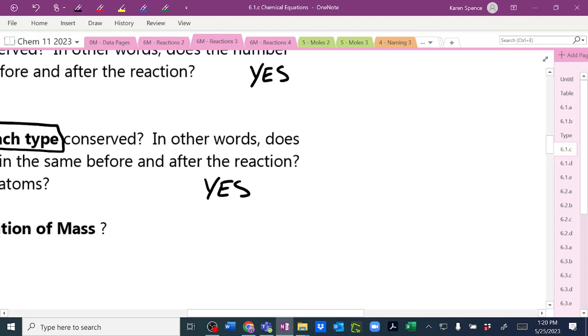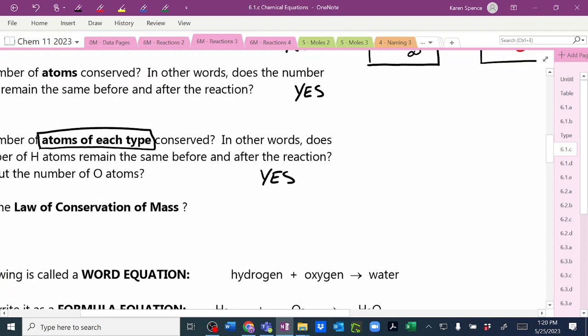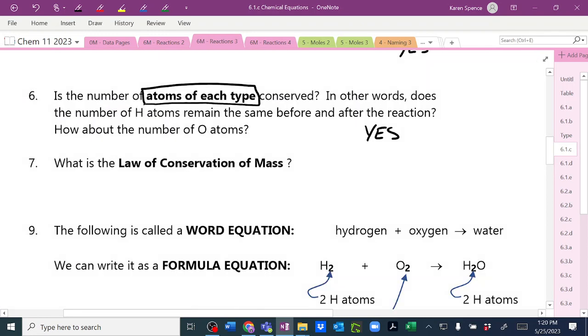And all of this is leading us to the law of conservation of mass. What is the law of conservation of mass? Do you guys know this?